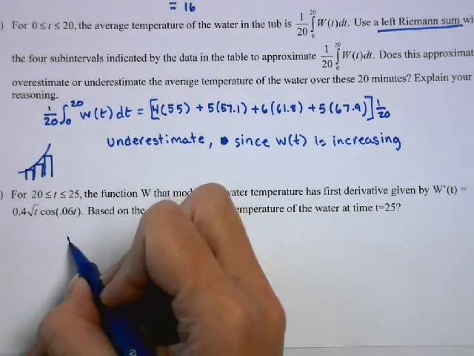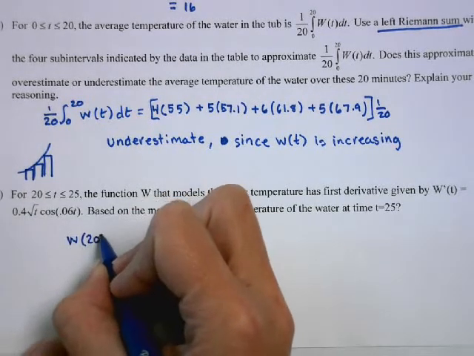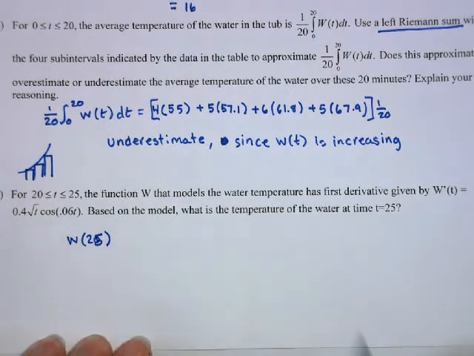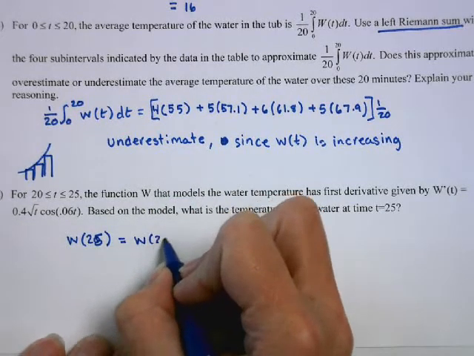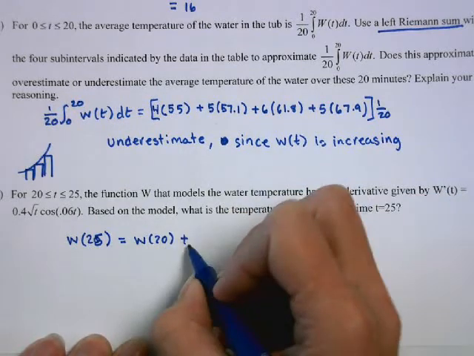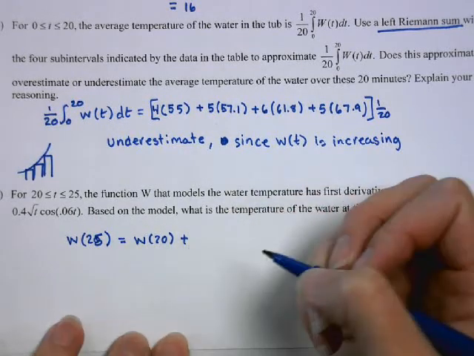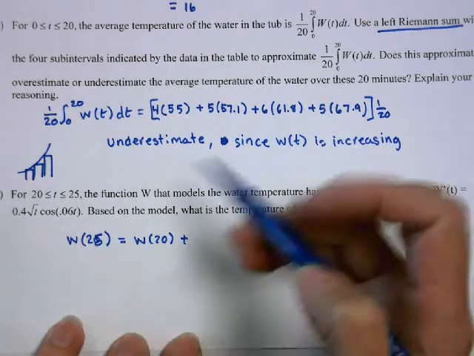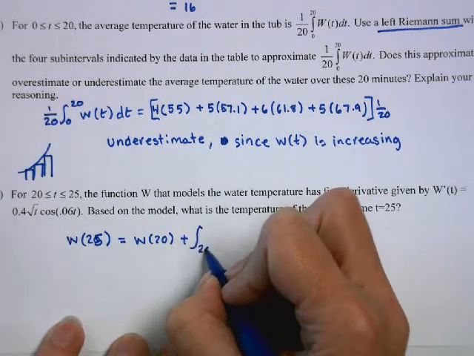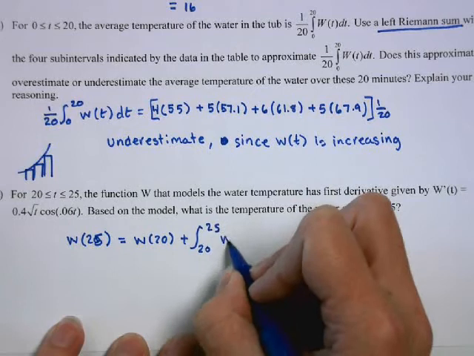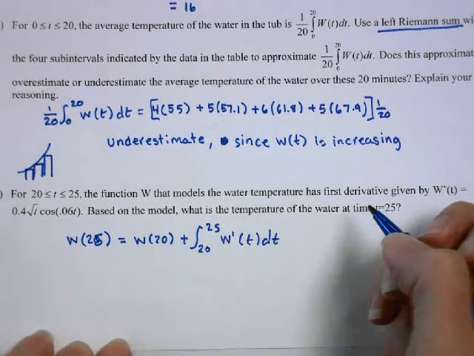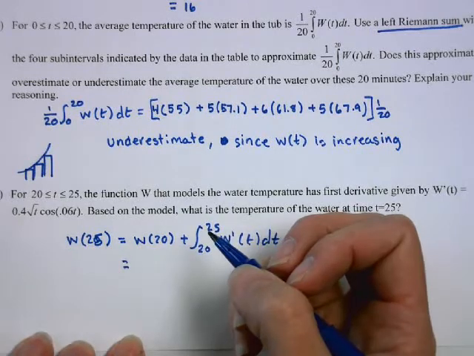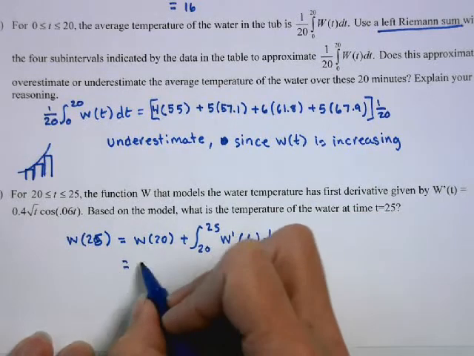So what we're going to do is take the temperature at 20, and then add the amount that it's increased from 20 to 25, which is the integral from 20 to 25 of w prime of t. My temperature at 20 was 71.